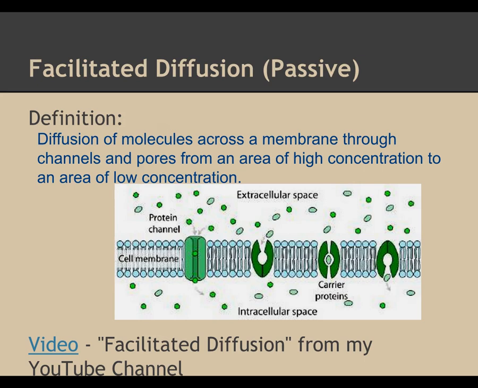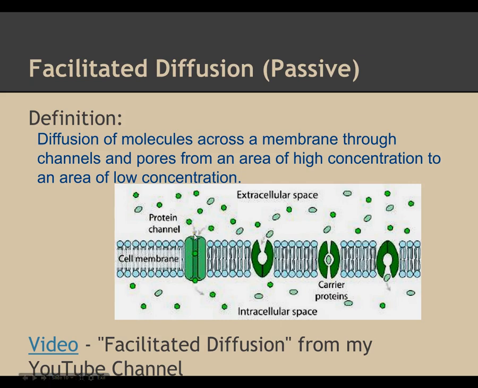So the last one is facilitated diffusion. In our notes the other day, we talked about how particles had to have the right size and the right chemistry in order to slip through those phospholipids. And the majority of molecules can't just slip through. They have to have help through the form of carrier proteins. Here's a protein channel. It looks like a straw.